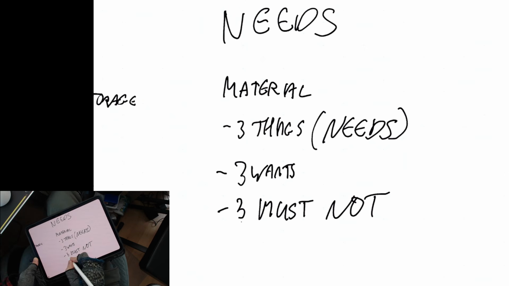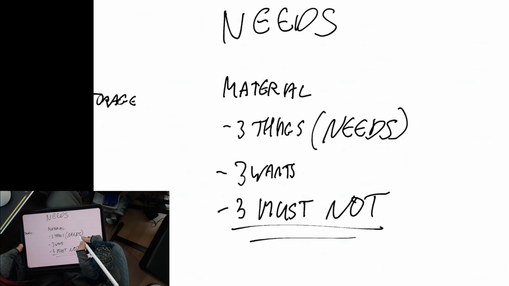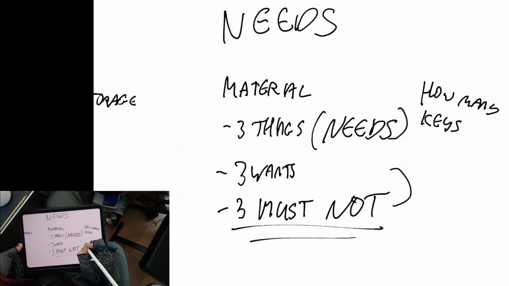So there were things that your keychain must not do, there were things like the wants, right? And the must not might be bridged together, right? Maybe how many keys, right? How many keys must your keychain be able to hold?